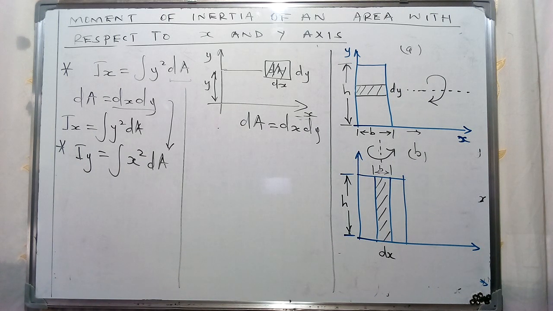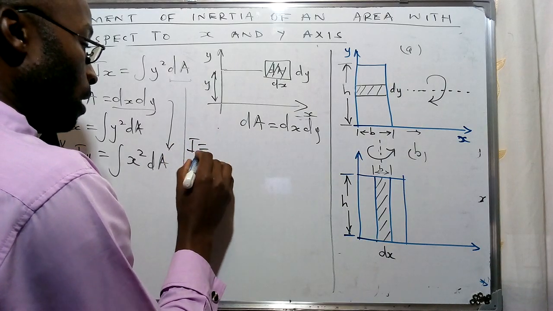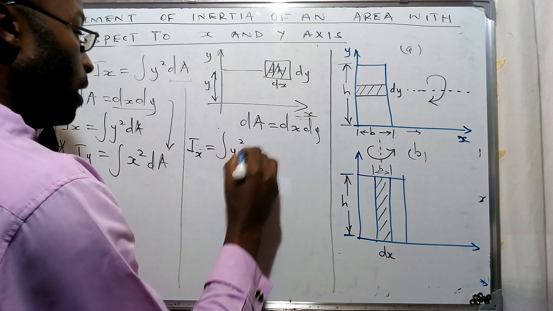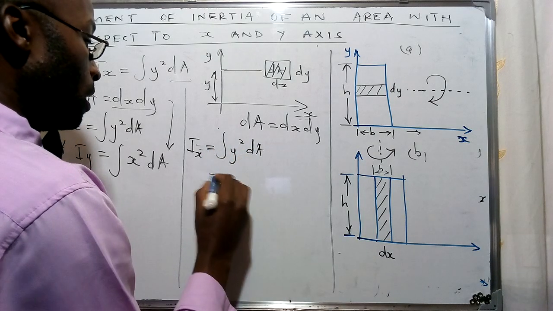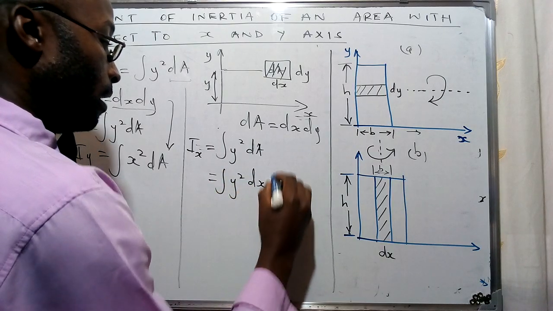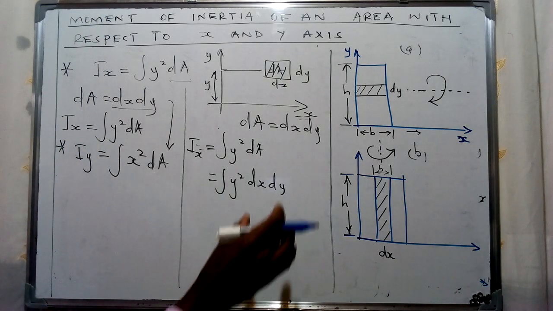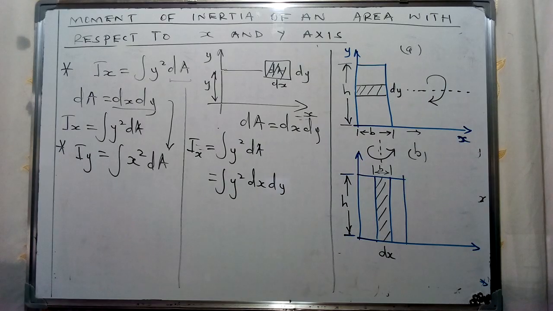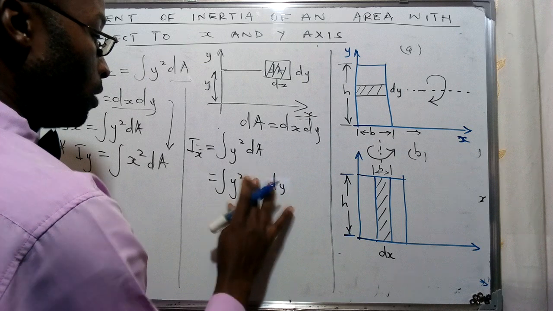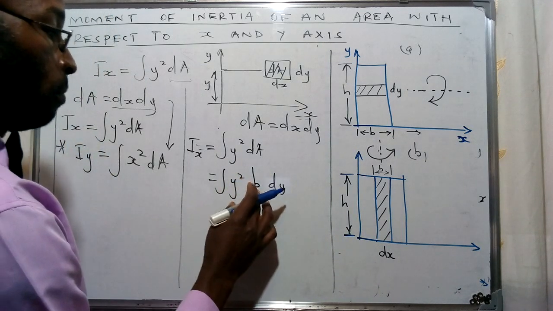So for us to find this moment of inertia along the x-axis, this is going to be given as the integral of the square of y dA, which is, as I've said, the square of y dx dy. And of course, if we look at this one, we're going to have the change in x given in terms of b. So we can have this one given as the integral of the square of y times b dy.